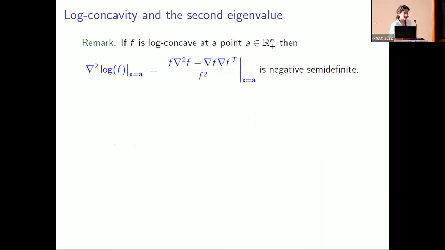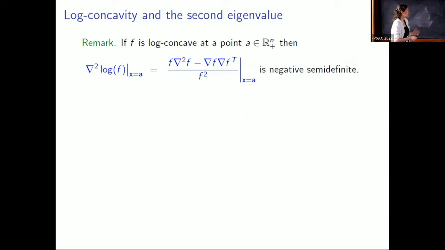And as I mentioned, log-concavity of a polynomial is secretly all about the second largest eigenvalue of some real symmetric matrices. We can do out this calculation. A polynomial is log-concave at some point in the positive orthant. What does this mean? This means that the Hessian of log of f evaluated at this point is negative semi-definite, so all of its eigenvalues are less than or equal to 0.